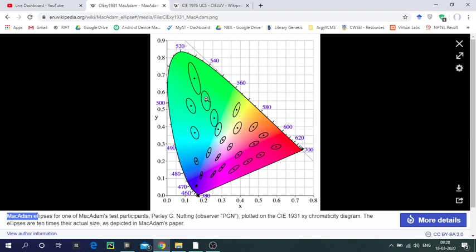XYZ value is different or YXY value is different. Yet to our eyes, all these colors enclosed within a particular ellipse will appear to be the same. We won't be able to distinguish the colors present within this ellipse or this ellipse, right? This is the first thing, that we are more sensitive to color change in the blue-violet region than in the green-yellow region.